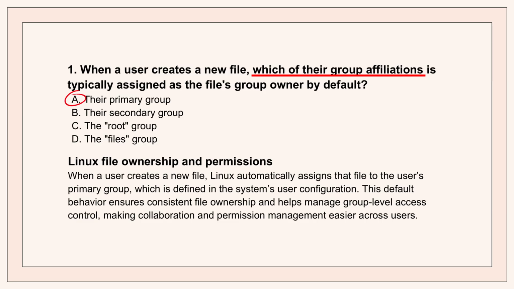Yep, that's the default. So what does that actually mean in practice, let's say, for a developer working on a shared project? What are the implications? Well, the implications are pretty big for initial access. If you and I are working on something together, but our primary groups are different, which they usually are, then just relying on that default group ownership won't automatically give you, say, write access to my files, or vice versa.